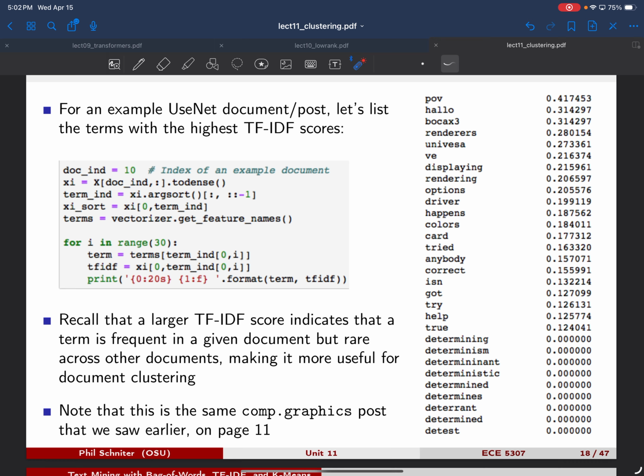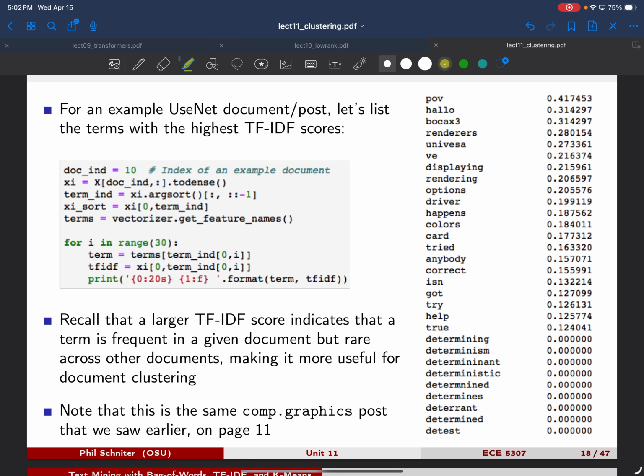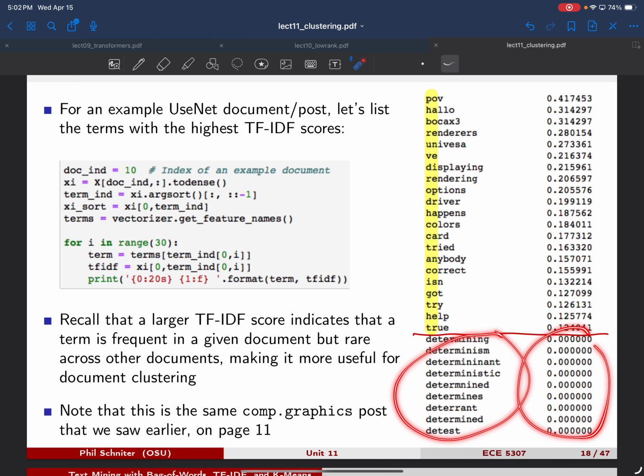So when you rank order the terms with the highest TF-IDF scores, you find that these have non-zero scores, and after this point all other terms have 0 because they don't appear in the document.